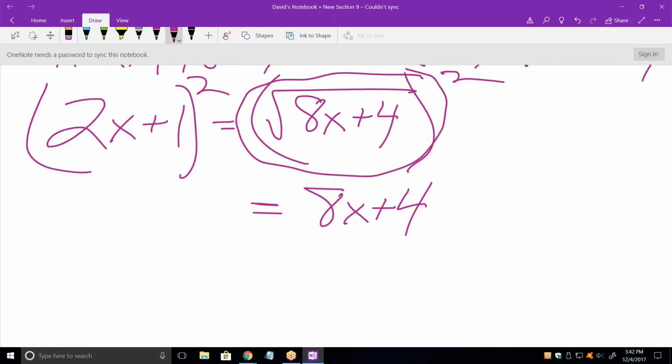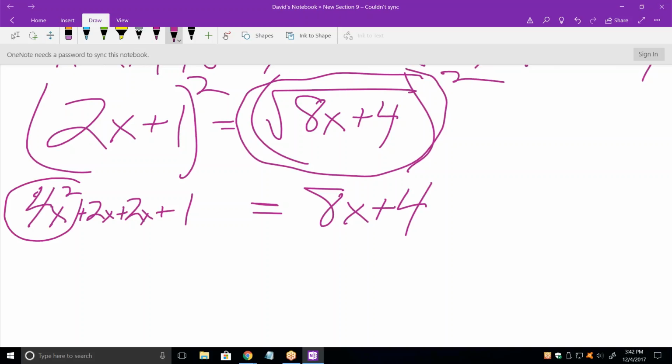So you would get 4x squared plus 2x plus 2x plus 1 times 1, which is 1. Okay, now what we're looking at is a quadratic.